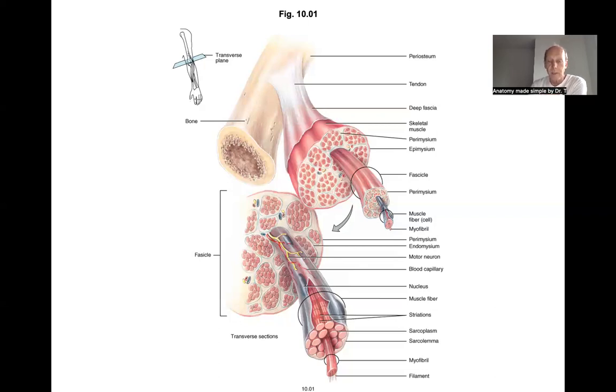Individually, single muscle cell would be much more of our concern to continue our studies, because when we open its membrane, the sarcolemma, we see that inside a cell, which is quite elongated, hence the term muscle fiber would be more appropriate than just to call it a muscle cell.